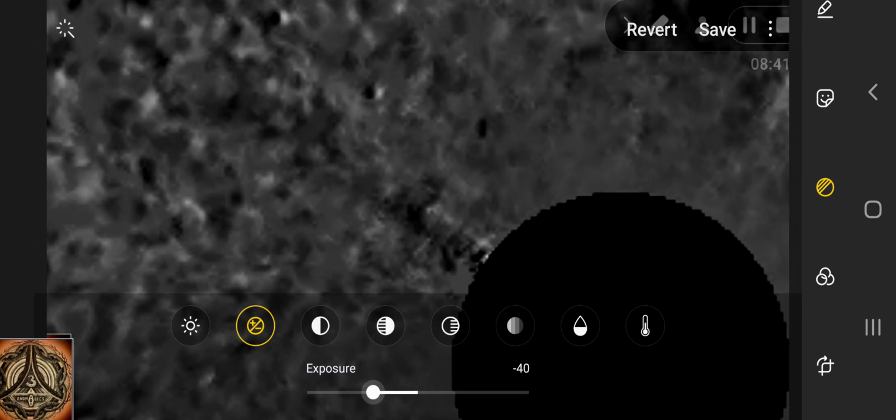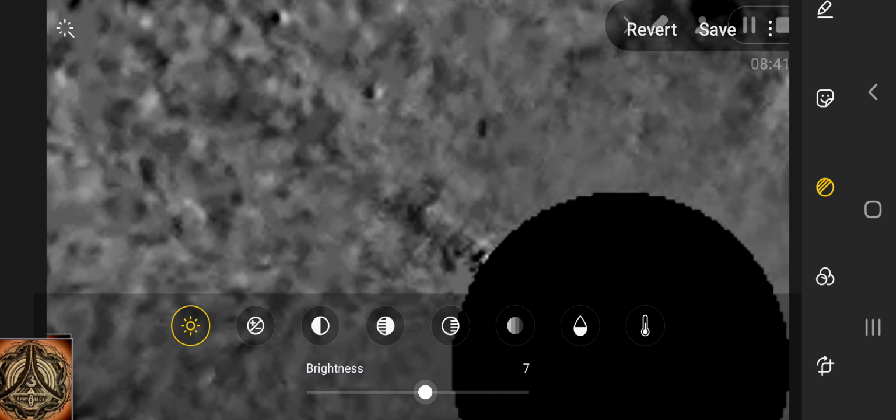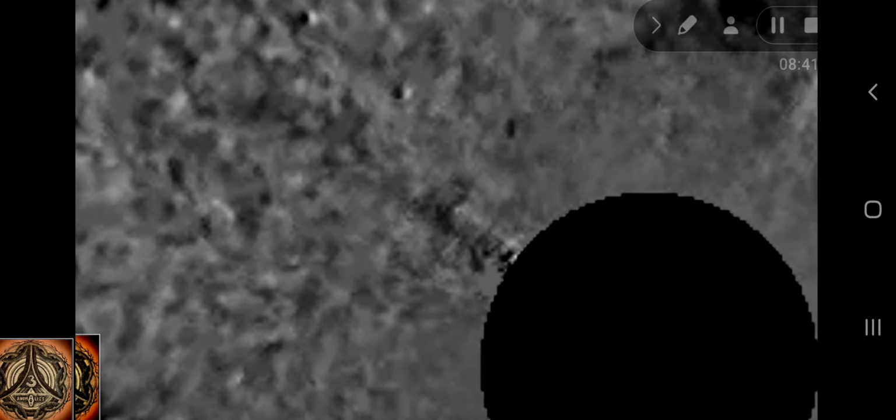I guess if one owns a fancy picture program, however you call that, you could probably pull out much more. But I think that's really interesting since there is not really something going on there eruption wise.